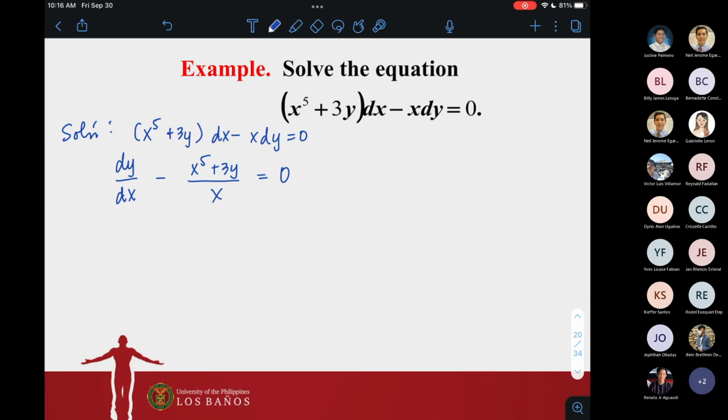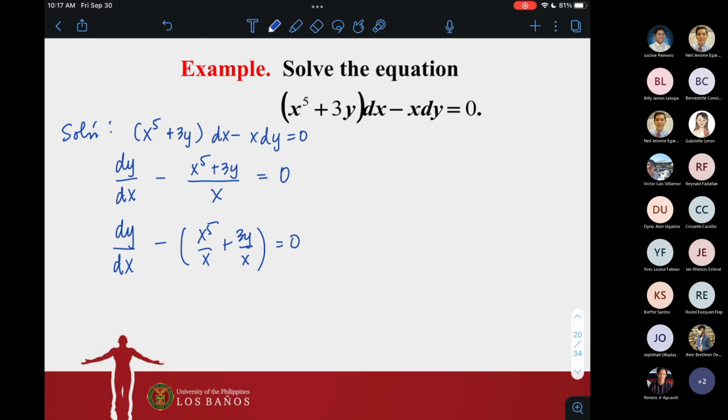Okay? So what I can do here is to write it as dy over dx. I'll split the sum. All right? So I'll have minus 3y. Tapos meron, sige, step by step ko na nga. So this would be quantity x to the fifth over x plus 3y over x equals 0.